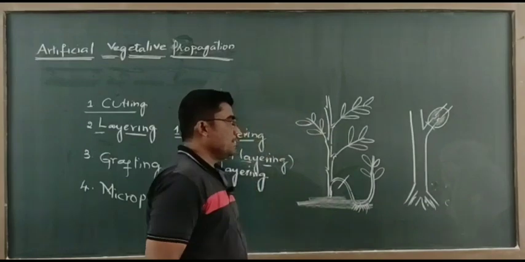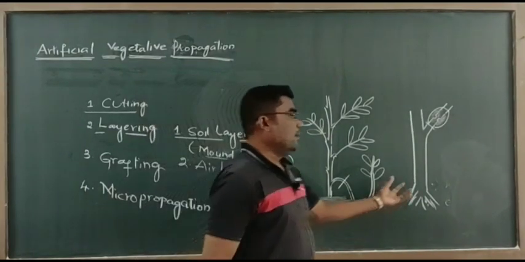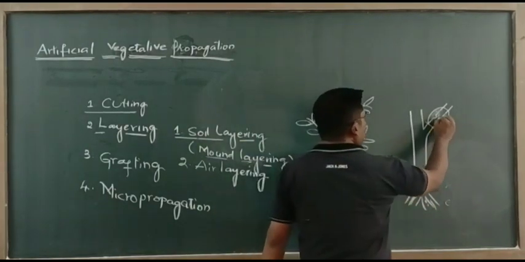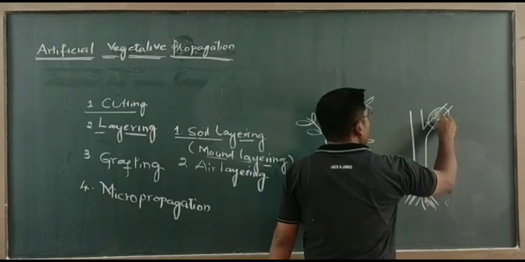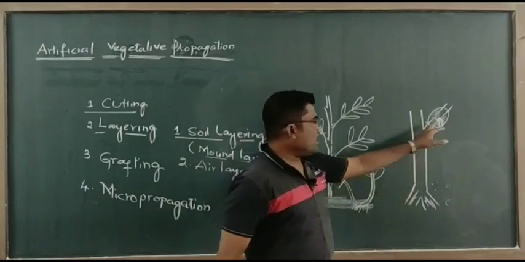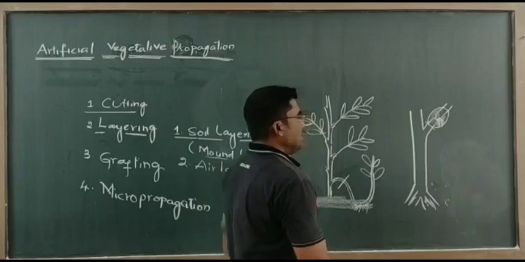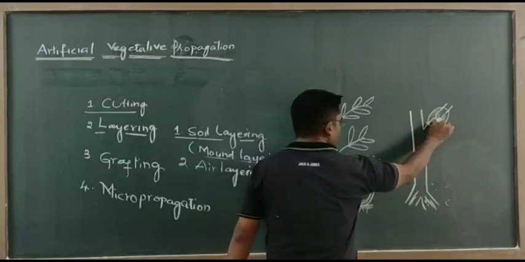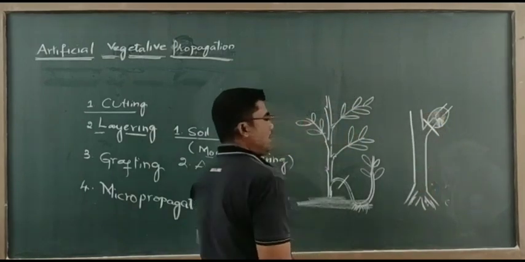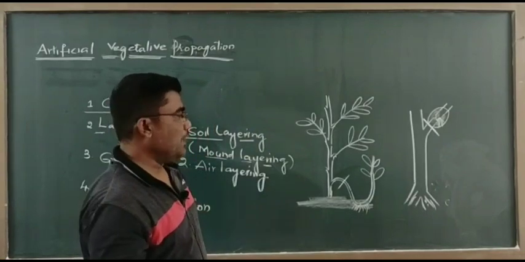After a few days, it may take 15 days, 1 month or 2 months, depending upon the regeneration capacity of the plant, this decorticated part starts to produce adventitious roots. When this part produces adventitious roots in a maximum number, the rooted branch is cut and detached from the parental body and planted in a new area to get a separate individual plant.